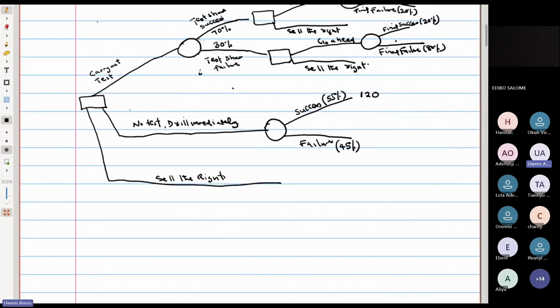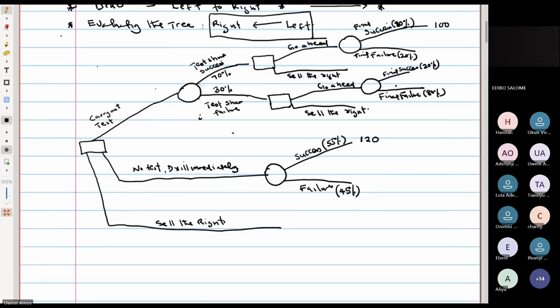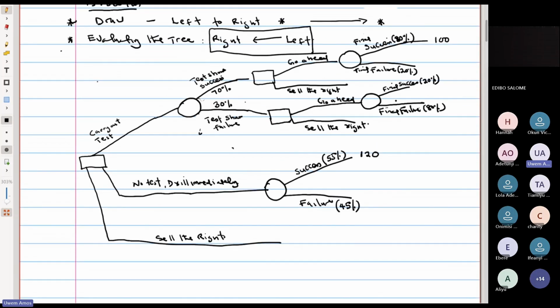So we carried out a test and our final value is failure. So final value is failure here. So this is minus 50. We can put our 50 in brackets, or you just put the minus sign.